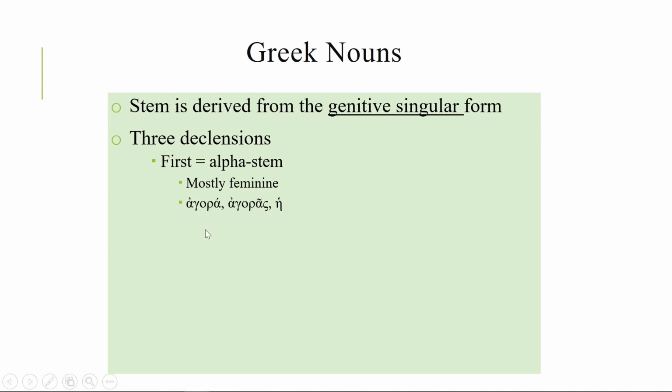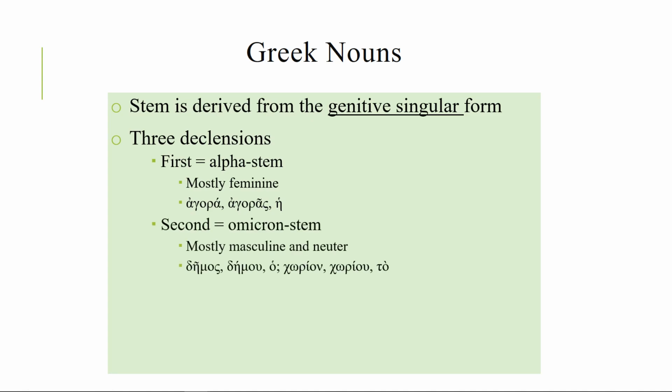In the case of agora, agoras, there's no difference in the stem between the nominative and the genitive, so that's not a problem. And by the way, most first declension nouns are in fact feminine. In the second declension, called the omicron stem, mostly masculine and neuter, a very few feminines. And again, their nominative and genitive aren't very far apart. So demos in the nominative becomes demou in the genitive. So it's not really a problem figuring out what the stem is upon which to add the endings.